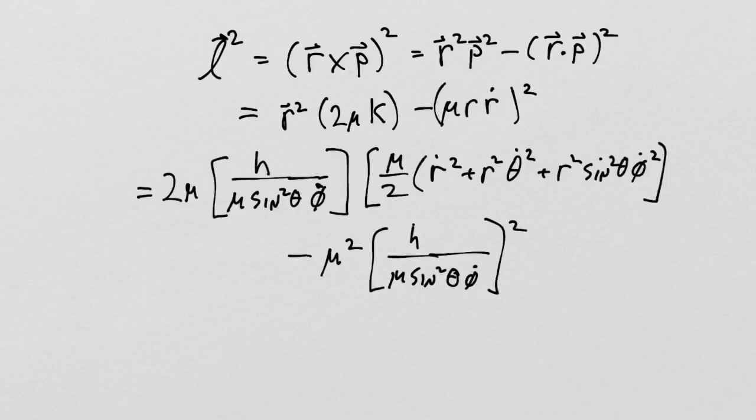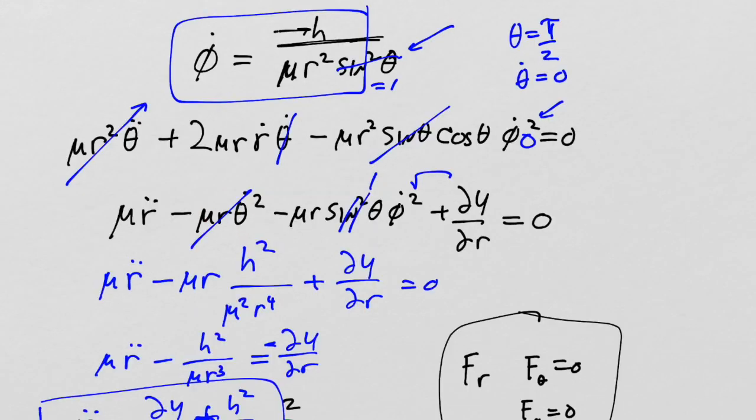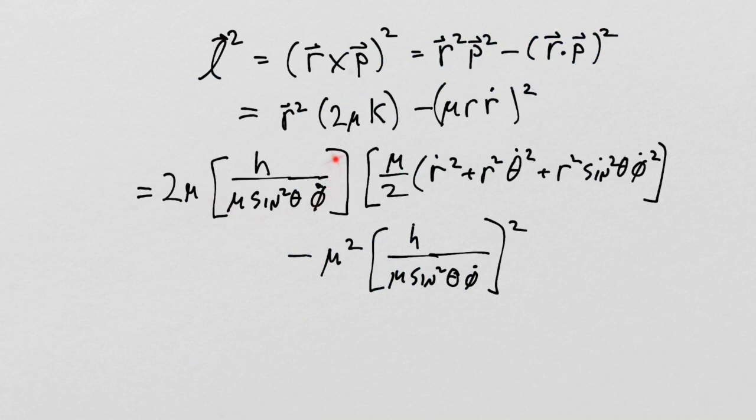Okay. So the next step is just to substitute for everything we can. R squared is this, and that comes from the equation of motion here, right? This equation of motion, you solve it for r squared, and you get h over mu sine squared theta phi dot, if you put r squared over here. So that's this substitution, right? So this is r squared right in here.